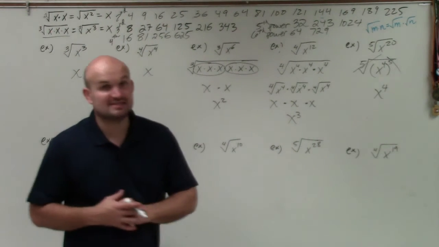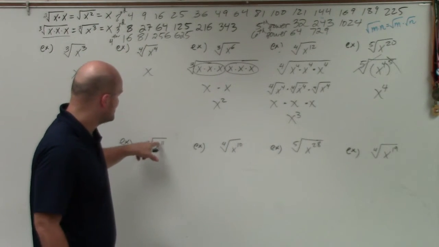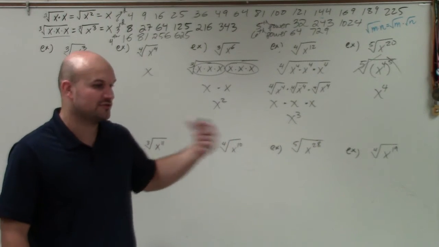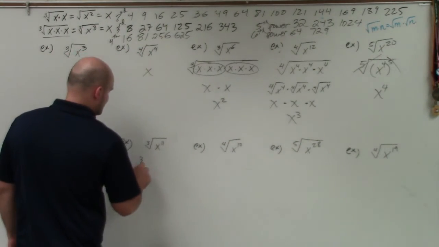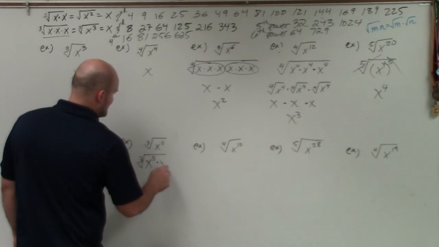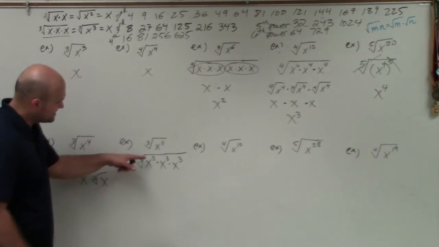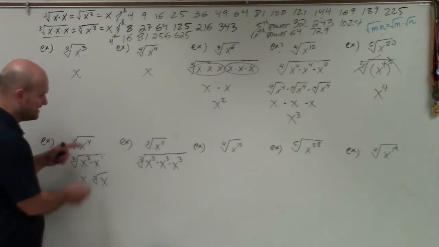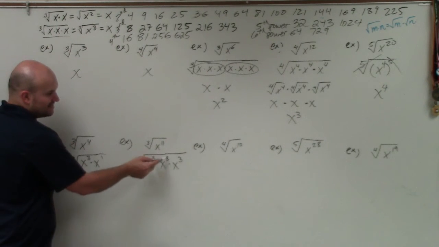Over here, you can see that 3 does not divide evenly into 12. So I could rewrite this as x cubed times x cubed times x cubed. So here I have 3, 6, 9.